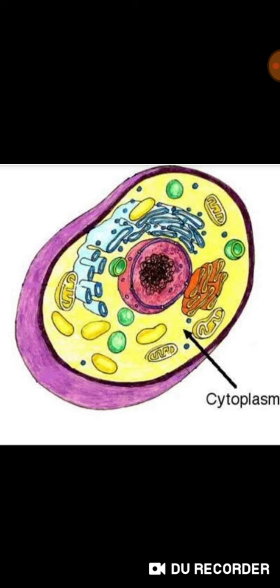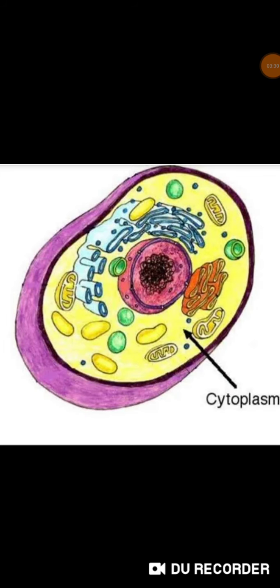The cytoplasm has the nucleus and various other cellular components. These components are called cell organelles, and each cell organelle has a specific role to play. The cell organelles include mitochondria, ribosomes, plastids, Golgi bodies and others. Clear?